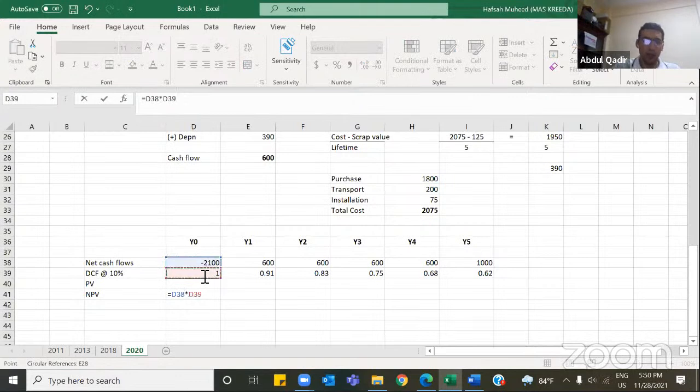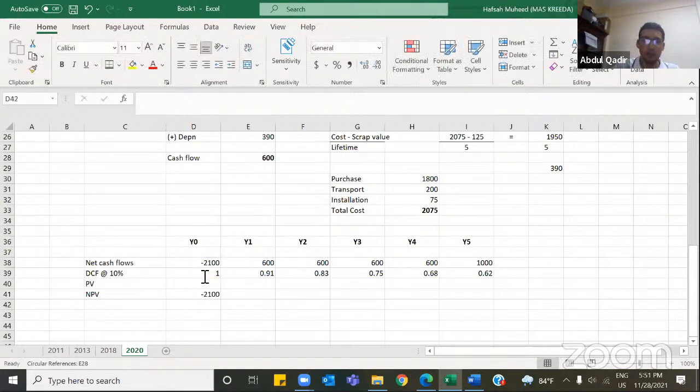You will multiply your cash flow by the discounting factor, and then copy that formula across. Right, so these are your present values.